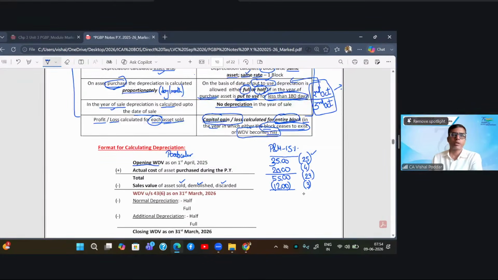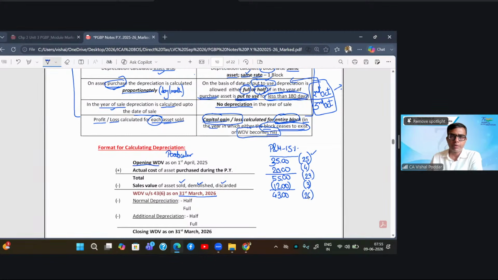So what is the position of this block at the last day of the year? The position is you have WDV, which is 43 lakhs, and you have number of assets, which is now 26. So we have to find out the position of the block on the last day.